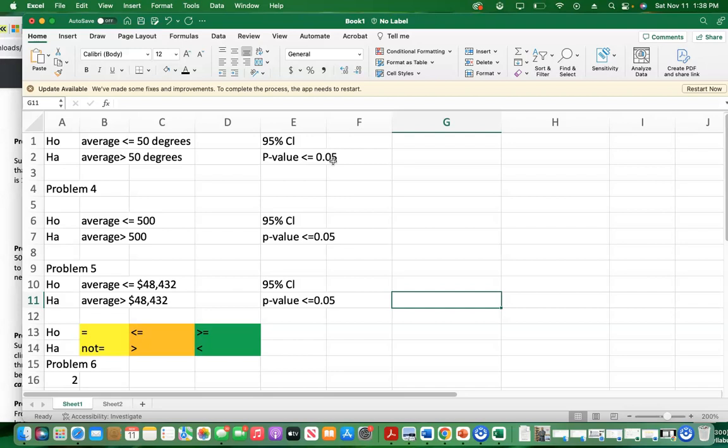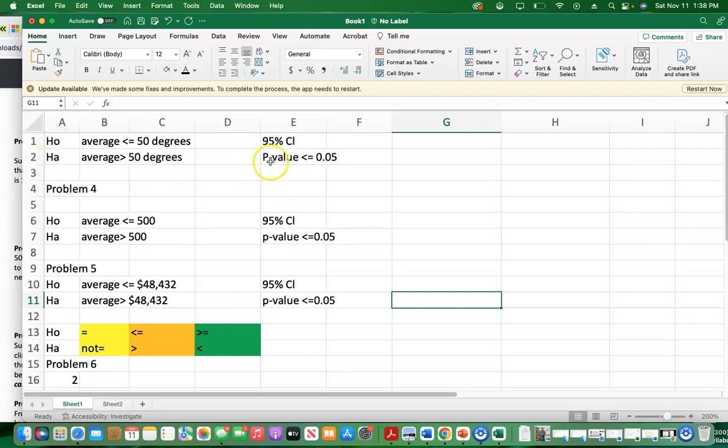Some other times you may be given a different significance level. However, with any significance level, you need to get the probability value from the sample data, and that probability value should be less than or equal to the significance level for you to be able to reject the null hypothesis.